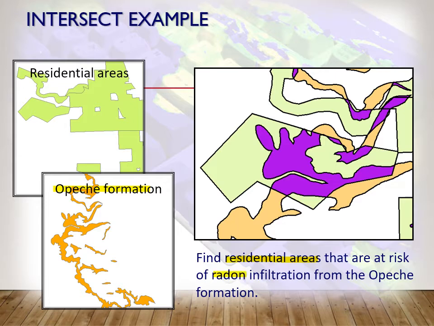So what an intersect does is when you combine these two features together, the output is the areas that both of them basically exist at the same time. It's kind of like using AND with queries. You have to have both the residential and the Opechee Formation simultaneously in the same area.